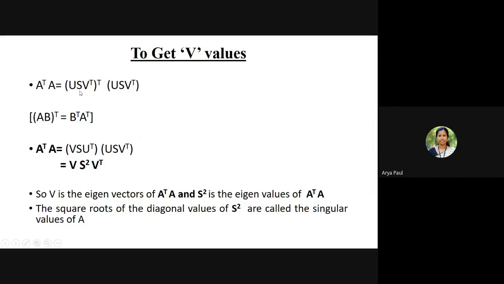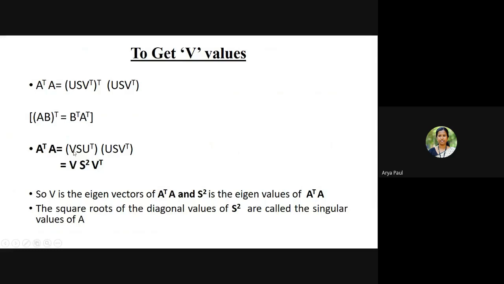So applying this here, U S V transpose whole transpose is V into S into U transpose, into U S V transpose. Now here you have U transpose into U. What is U transpose into U? It is I, because U is an orthogonal matrix.